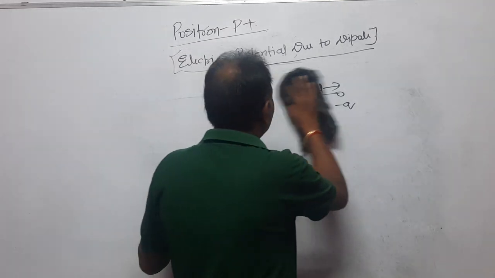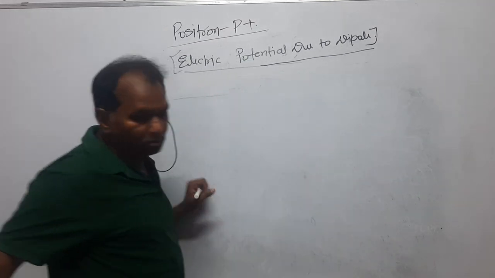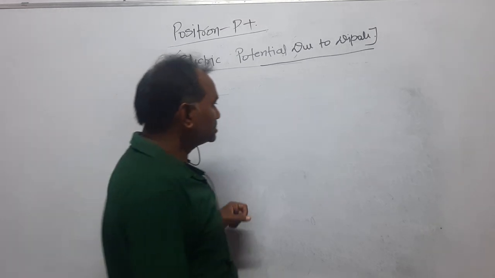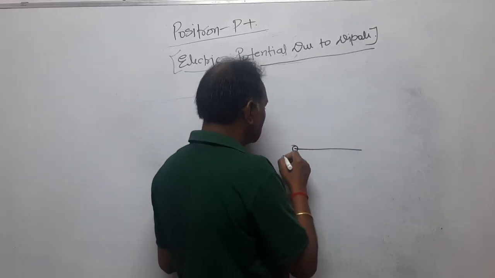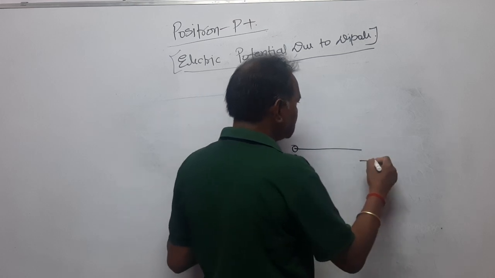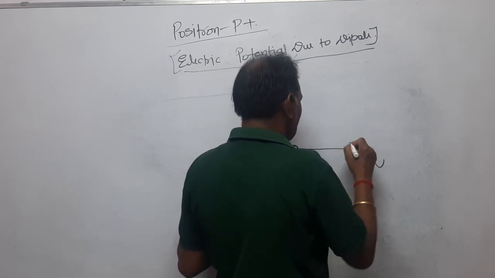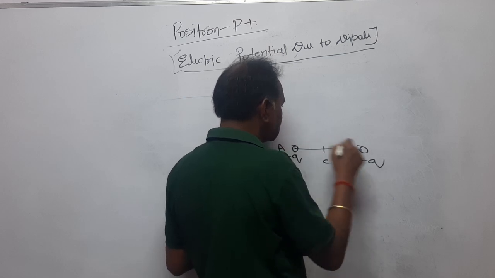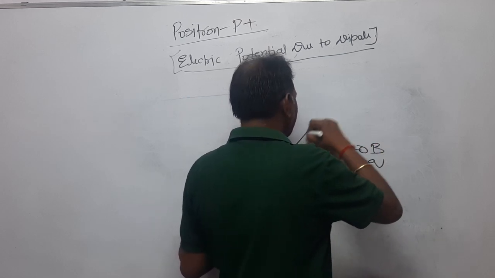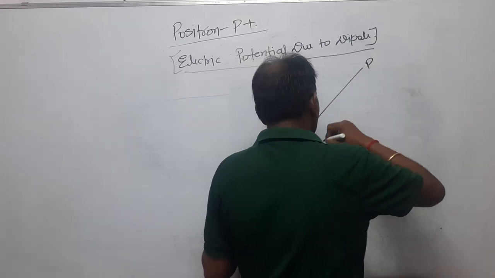Now let's move on to electric potential due to a dipole. This is a dipole we have considered, right? This is plus Q, this is minus Q, and this is the center of the dipole. Let this be A, this be B, and a point P here.